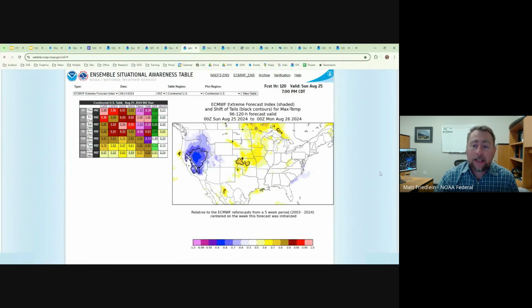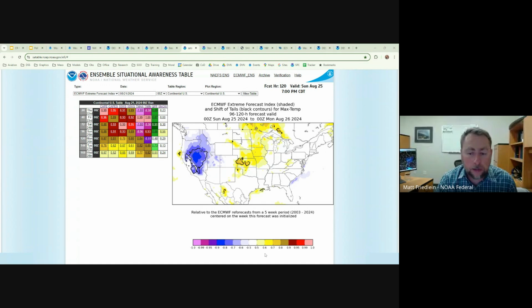The EFI here, the Extreme Forecast Index through the European, is a nice way to look at and quantify the potential for an extreme event, and then if so, just how extreme of an event. So here's a look at the CONUS from last evening's 0Z European ensemble run. So we can see here, when you get to 0.5 or minus 0.5 or greater each way, that's indicating the potential for an unusual event.